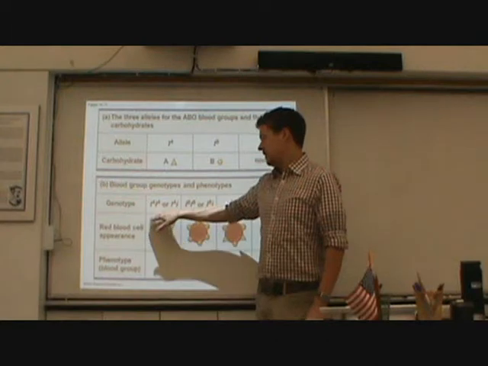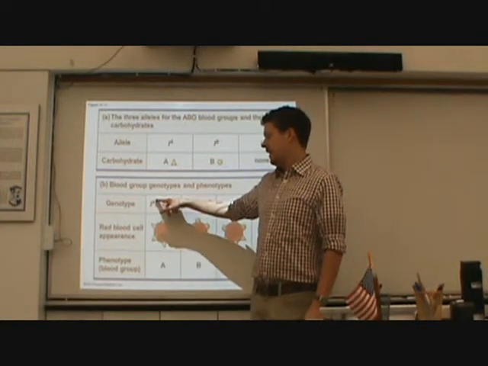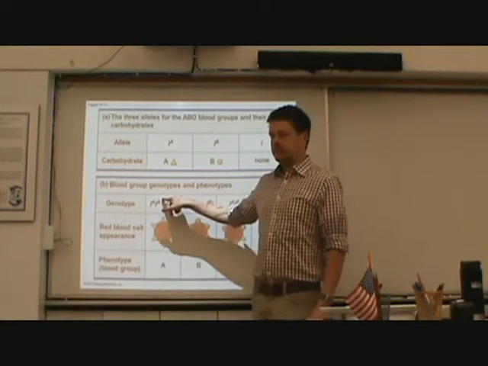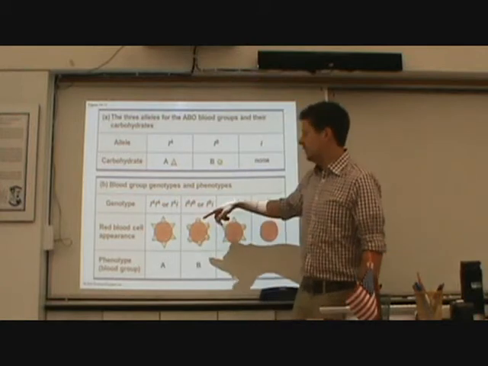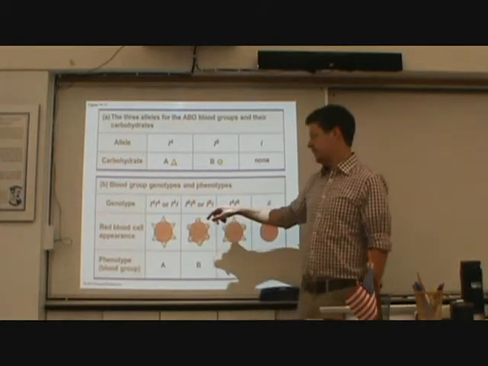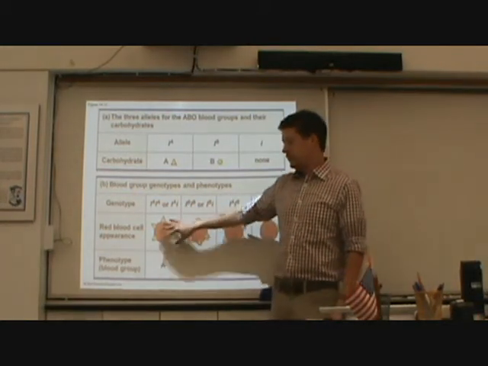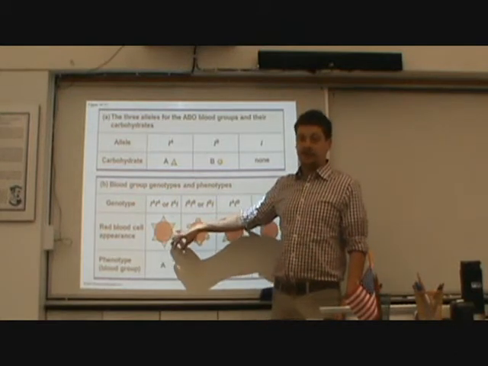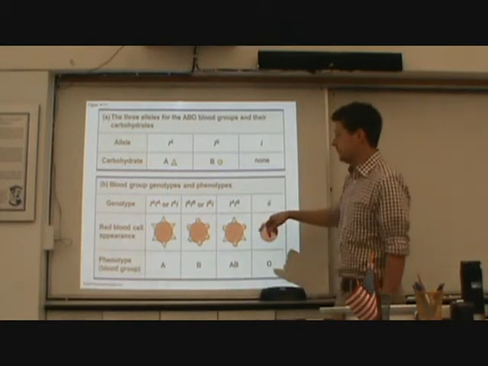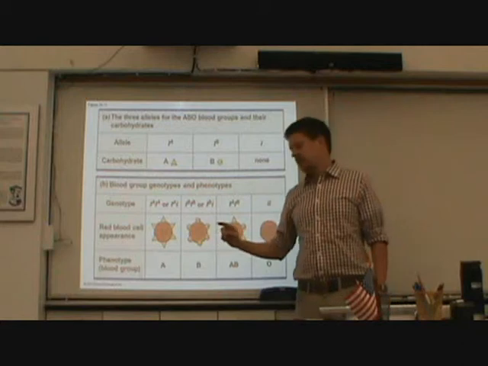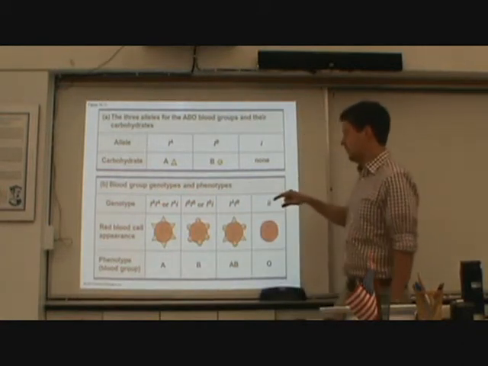So here are the 3 alleles, and here are the carbohydrates that they put on the outside of the blood cell. If you have the genotype IA homozygous, or IA and then little i, then you're going to have A carbohydrates on the outside of your red blood cell, which gives you the A blood group.